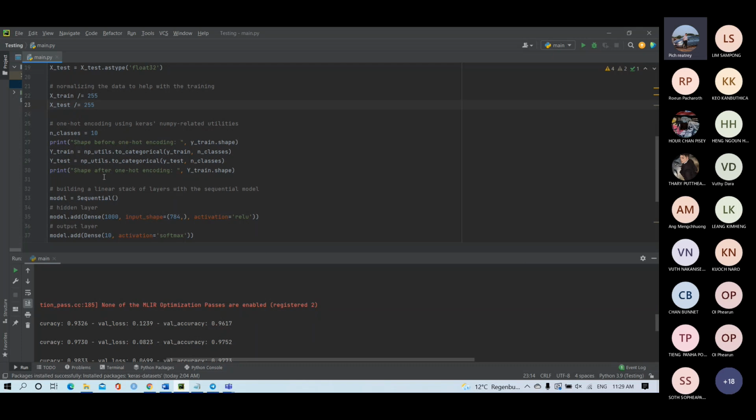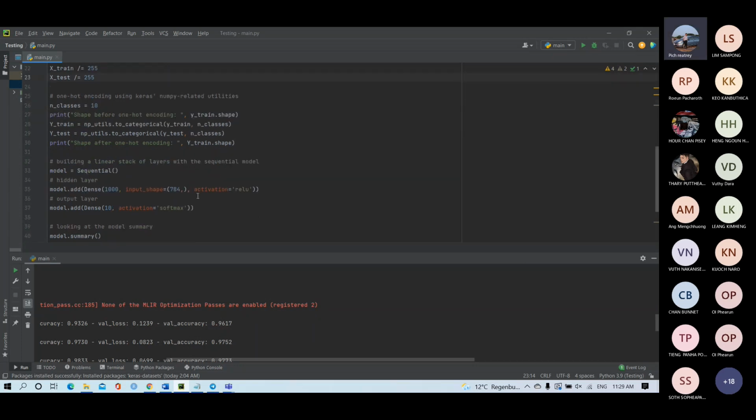So we will make an input into our system, and then build a linear stack of layers with the sequential model. If you ask me how they construct this sequential model, you will see this one. In our sequential model, we have an input layer, one hidden layer, and then one output layer.